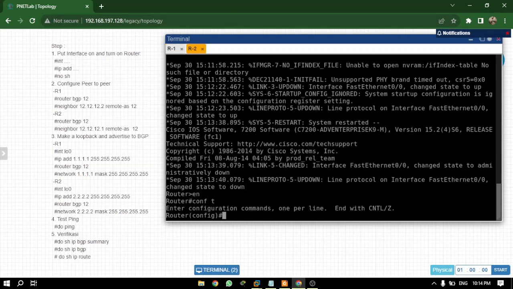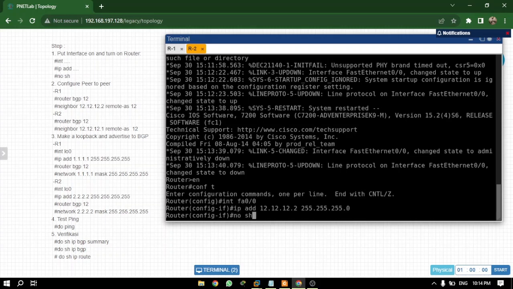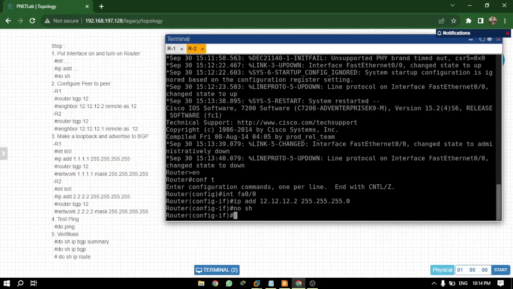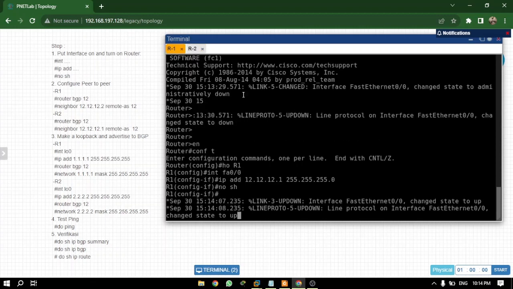Enable, configure terminal, interface FastEthernet 0/0, IP address 12.12.12.2, 255.255.255.0, no shutdown. Okay, we did put the interfaces on the routers.